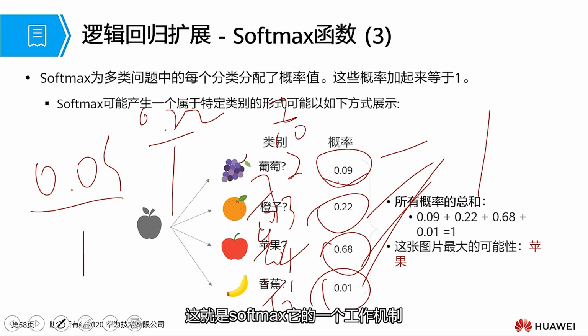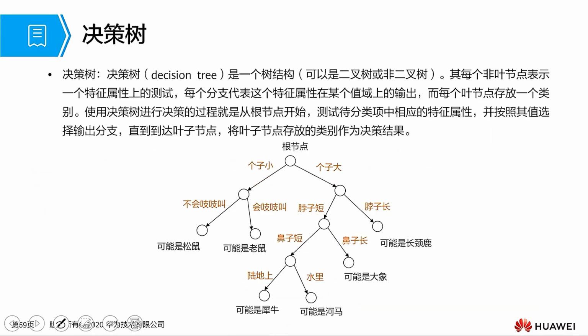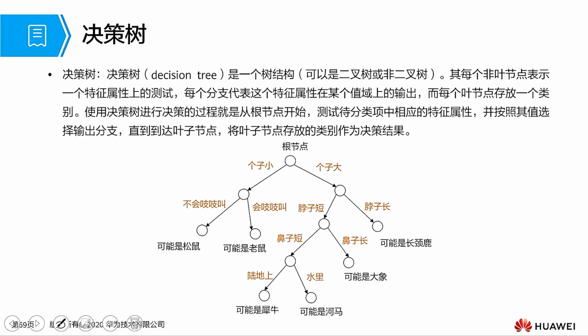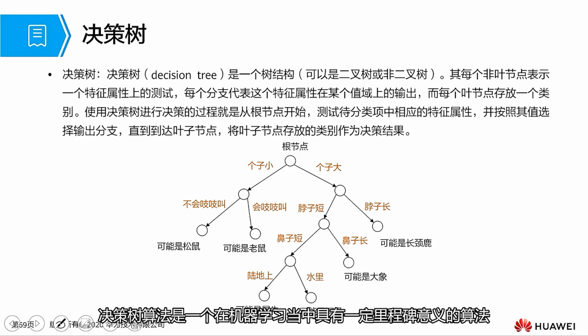The probability of the first type is 2 out of 10, the second is 3 out of 10, the third is 4 out of 10, and the last is 1 out of 10. This is the working mechanism of softmax. Of course, this is the simplest example. The specific calculation process should apply the formula on the previous slide. Through such a simple example, I introduced how the softmax function works.